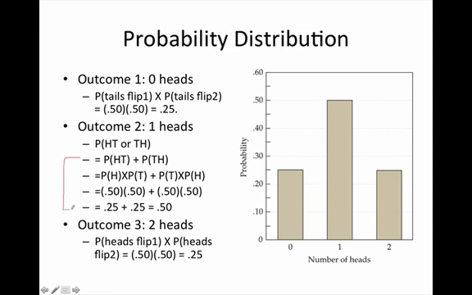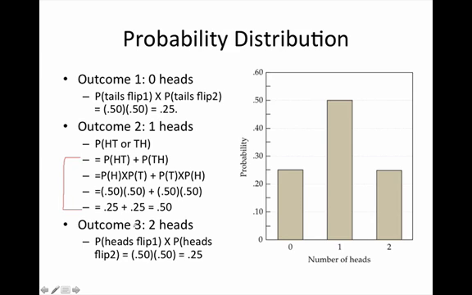Try not to get too confused about the math here, because the basic idea is that I need to define the probability that I'm going to observe heads and then tails, or tails and then heads. Both of these are defined by 50% times 50%, which is 25%, and 50% times 50%, which is also 25%, which corresponds to a 50% probability that at least one of my tosses is going to be heads.